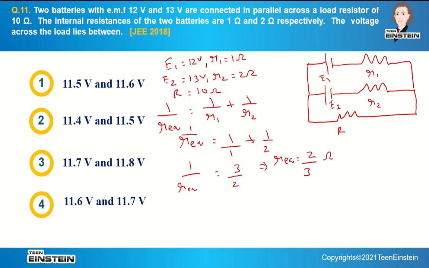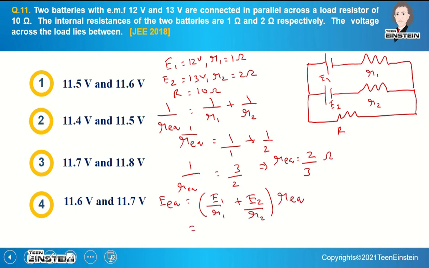Now you have to calculate the EMF equivalent. The EMF equivalent is given by E equals (E1 by R1 plus E2 by R2) into R equivalent.